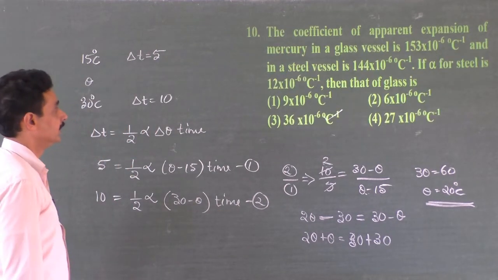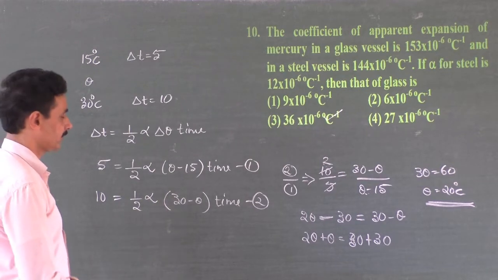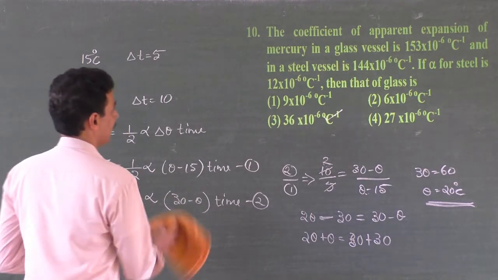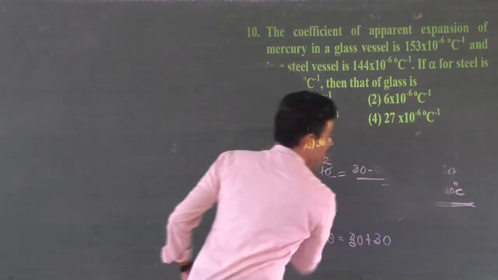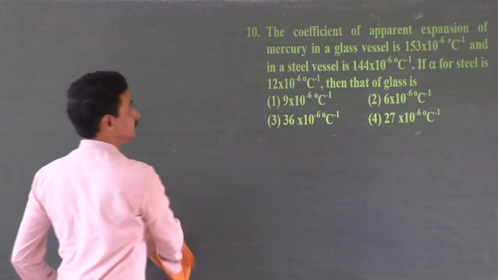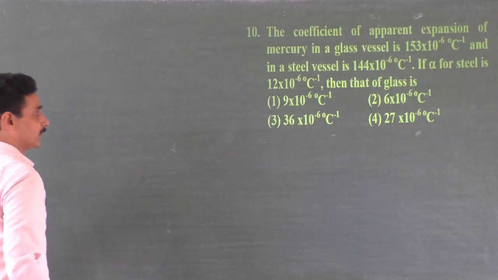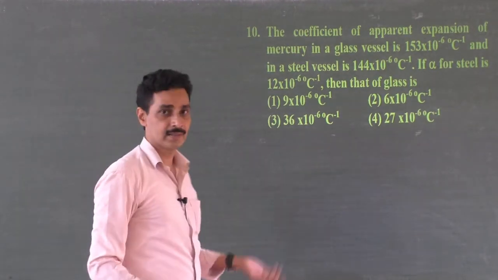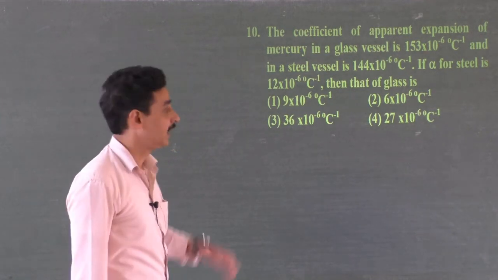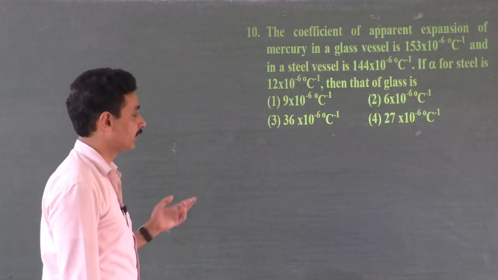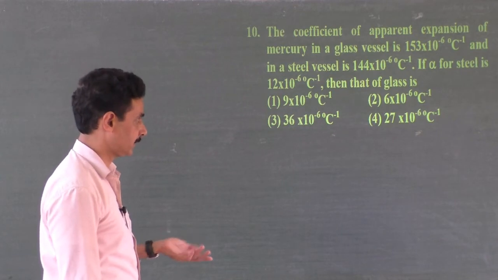10. The coefficient of apparent expansion of mercury in a glass vessel is 153 into 10 to the power minus 6 per degree Celsius, and in a steel vessel is 144 into 10 to the power minus 6 per degree Celsius.